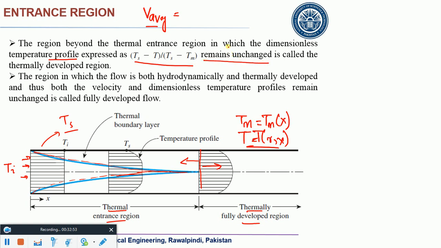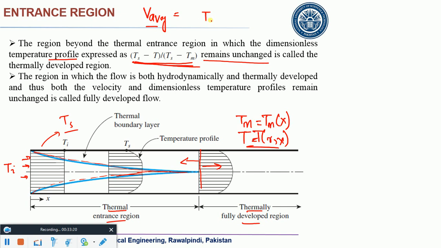So you would not say that T average remains unchanged. V average remains unchanged for hydrodynamically fully developed region. T average does not remain unchanged for thermally fully developed region. But what is the parameter which remains unchanged? This non-dimensional parameter, Ts minus T over Ts minus Tm.